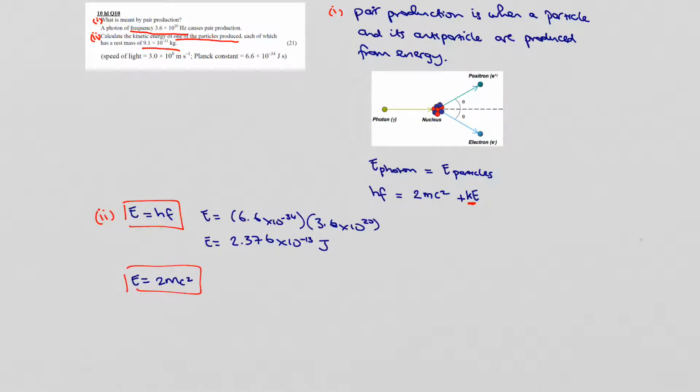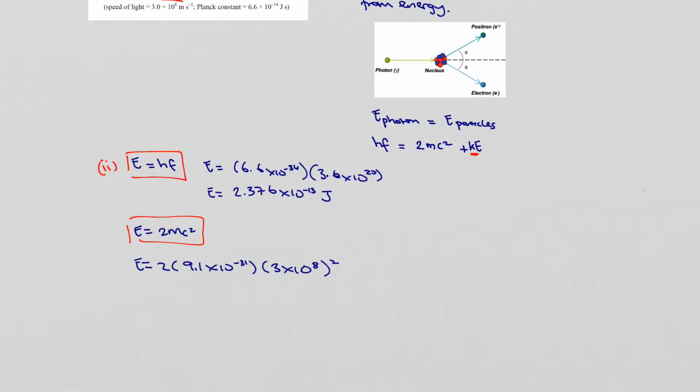So what we have then is 2 times the mass, which is 9.1 by 10 to the power of minus 31, times the speed of light, which we were given to be 3 by 10 to the power of 8, and we have to make sure that we square that. If we multiply that out, that gives us 1.638 by 10 to the power of minus 13 joules.